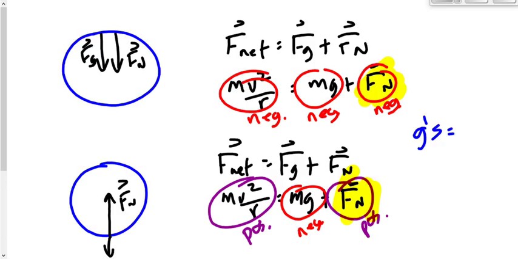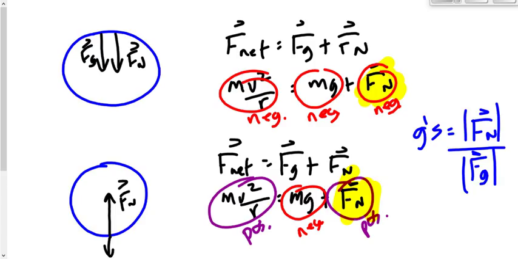To find the number of G's, you want to divide how heavy you feel, which is your normal force, by how heavy you actually are, which is your force of gravity. So for me, once again, my force of gravity is about 700 newtons. How heavy I feel might be 2,250 newtons. My normal force, 2,250.